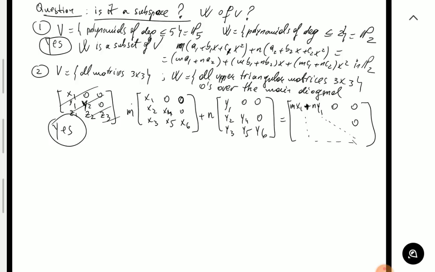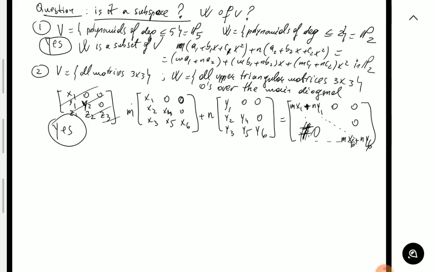The element in the last corner will be m x6 plus n y6. And all of these might not be equal to 0, but the elements on top of the main diagonal are all 0. Sometimes these properties to check are kind of tedious. If you take, for example, the 2x2 version, it's kind of trivial because you have only one 0 on the top.